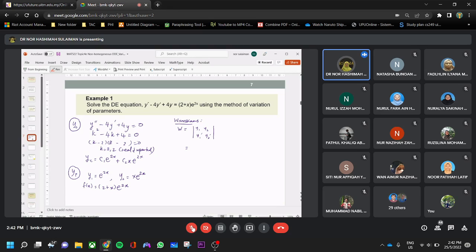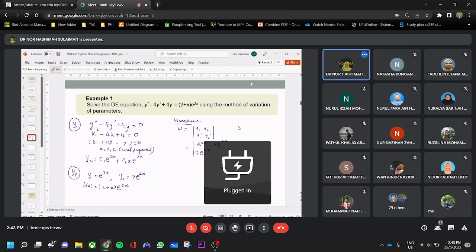Okay, so kita dapat apa ni? Y1 darab Y2. Okay, ini sama dengan apa ni? E to the power of 2x. Here you have x e to the power of 2x, and then the entries in the second row of the determinant is obtained by simply taking the first derivative, which is 2e to the power of 2x, isn't it? Okay, how about the entries in the second row, second column ni?